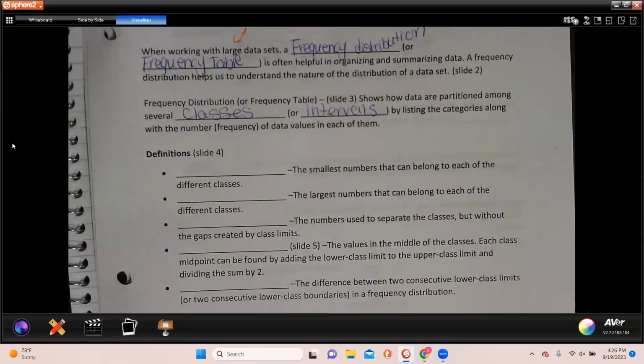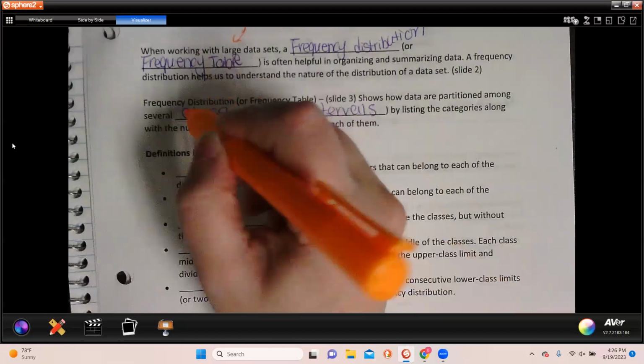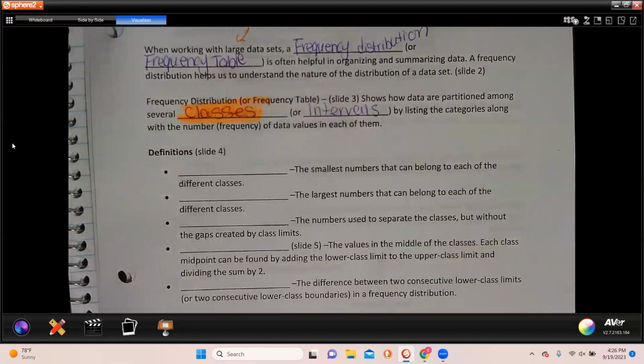All right, so frequency distributions show how data are partitioned among several classes. Classes is the most important word here, because you don't use it in this particular context, but these classes are actually intervals. They're intervals, listing the categories along with the number of frequencies where the data values appear in each of them.